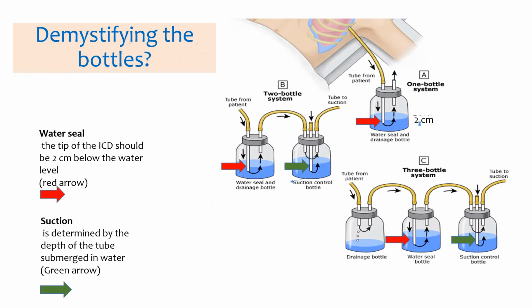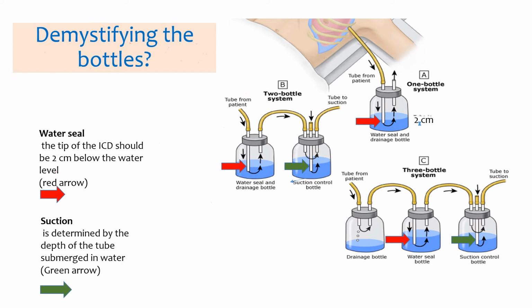Right. Now we come to figure C, which is a 3 bottle system, and this is for both fluid and air. As you can see, fluid is dripping down, and air is vented out into the second bottle, and again there's a water seal by the red arrow 2 centimeters below, and this is to prevent the air from going back. And then you have the suction control marked in green. So it's very simple here. You follow the suction in bottle B. Bottle B is suction applied for draining air.